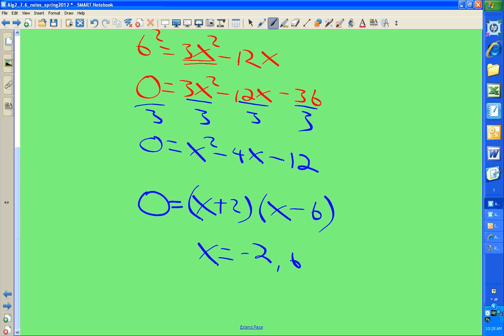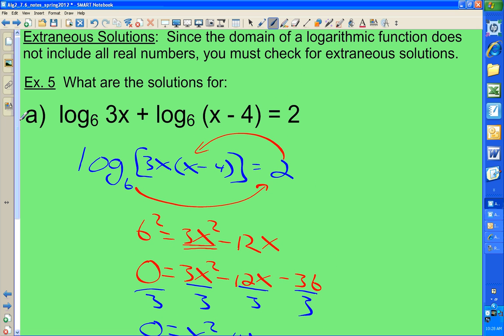Now you have to take those two answers, the -2 and 6, to the original problem and make sure that neither of them will make what you're taking the log of a negative. Log base 6 of 3 times -2, that's going to be log base 6 of -18. Can't be done. So the -2 gets thrown away. 3 times 6 is positive 18. 6 minus 4 is 2.